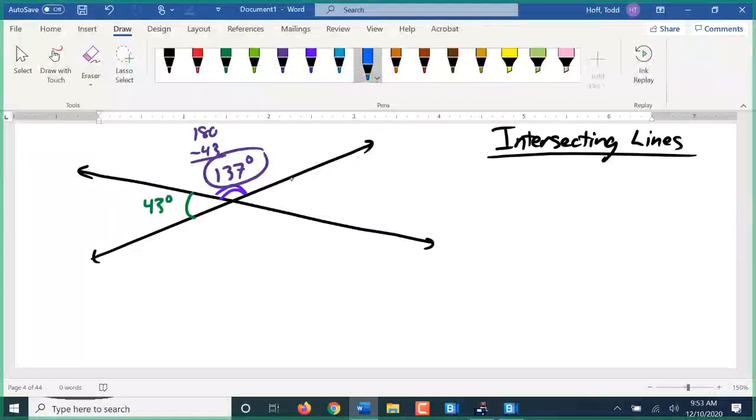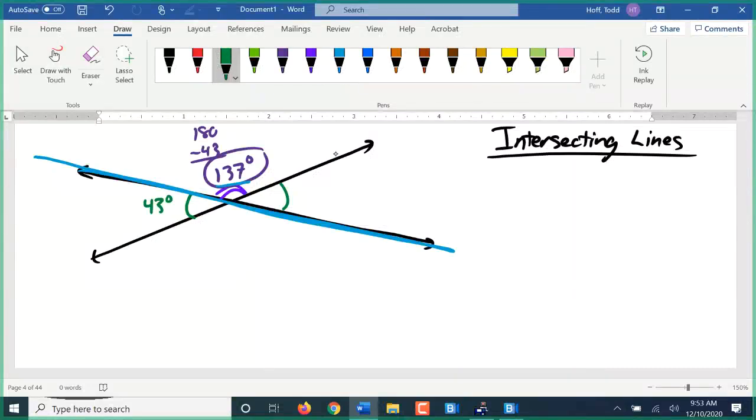Now I also know this angle over here because this is a line. Those two angles come together to make a straight line, the 137 and the one that we're looking for. They're a linear pair, which means they are also supplementary.